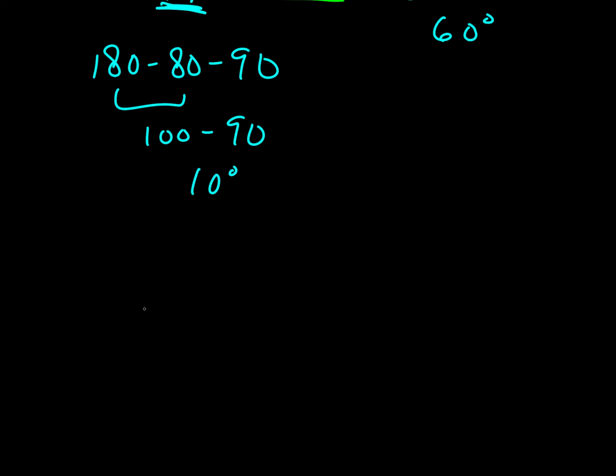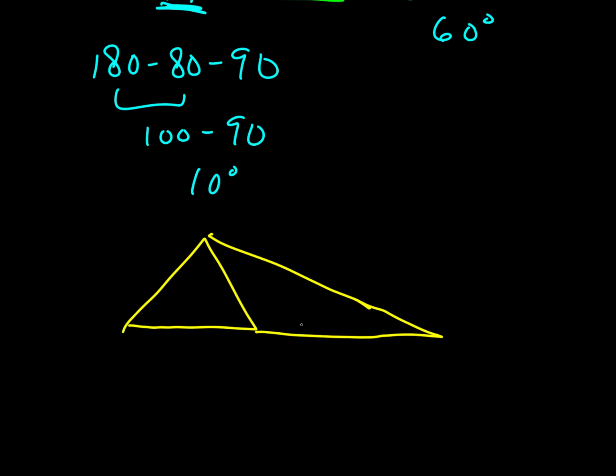Let's see. We'll do one like this. This, and this are all congruent. We'll say that this is 60 degrees. This is angle 1. This is angle 2. This is angle 3. So we're trying to find angle 1, 2, and 3.